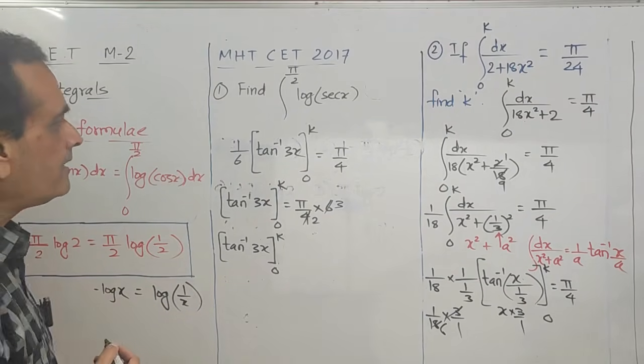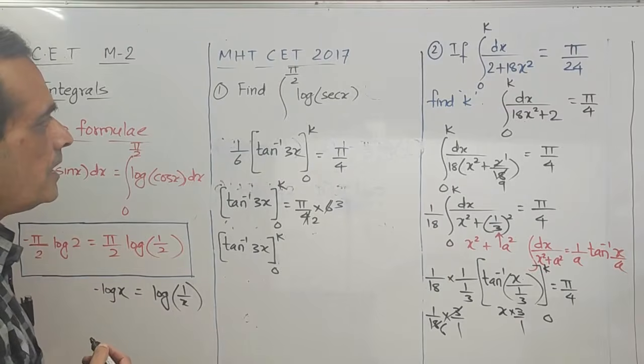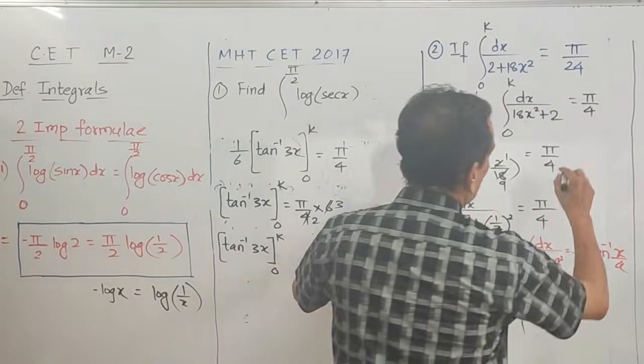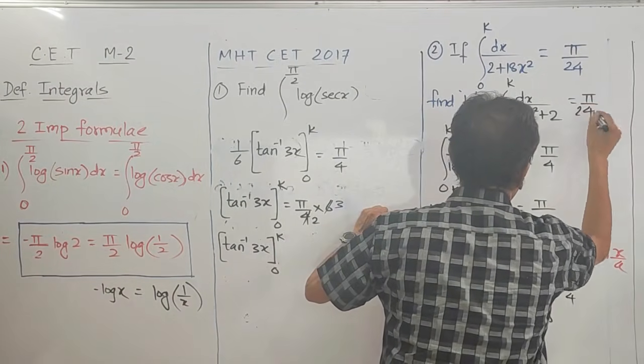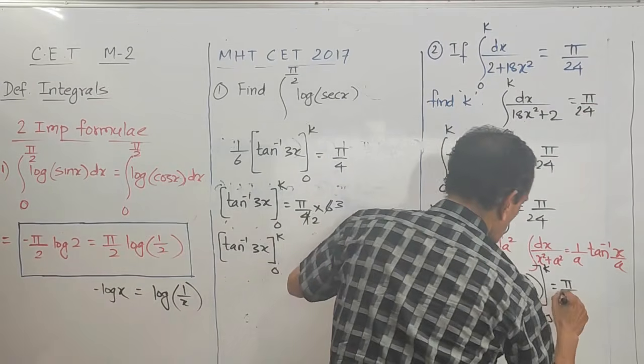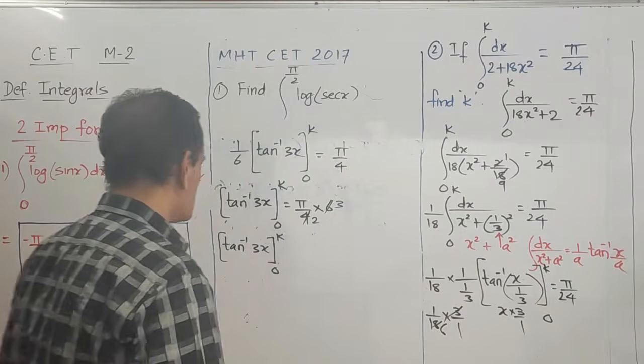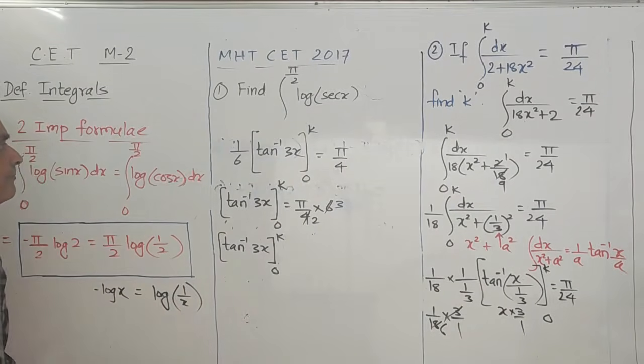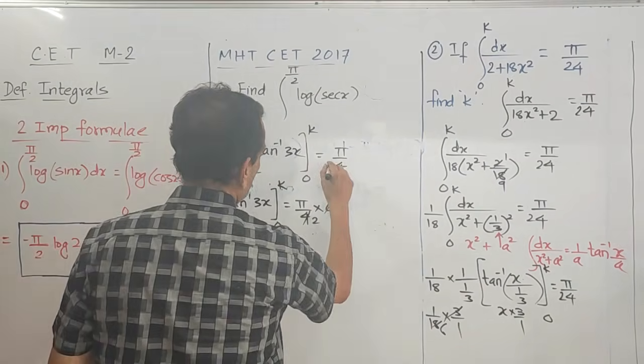There is one mistake. It is pi by 24. By mistake I have written pi by 4 here. It is pi by 24.